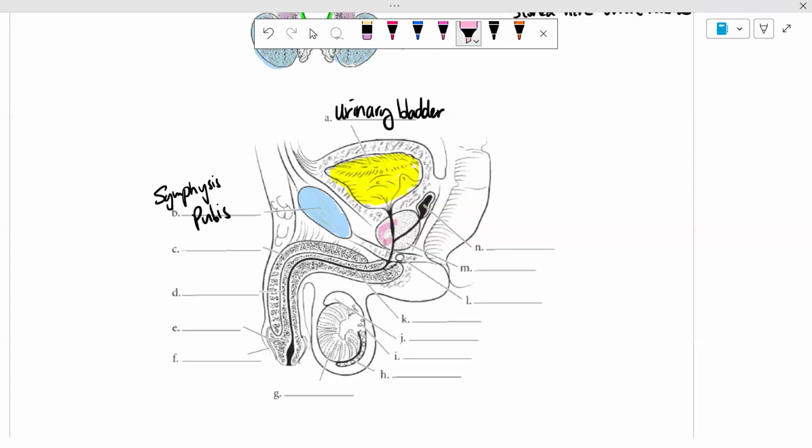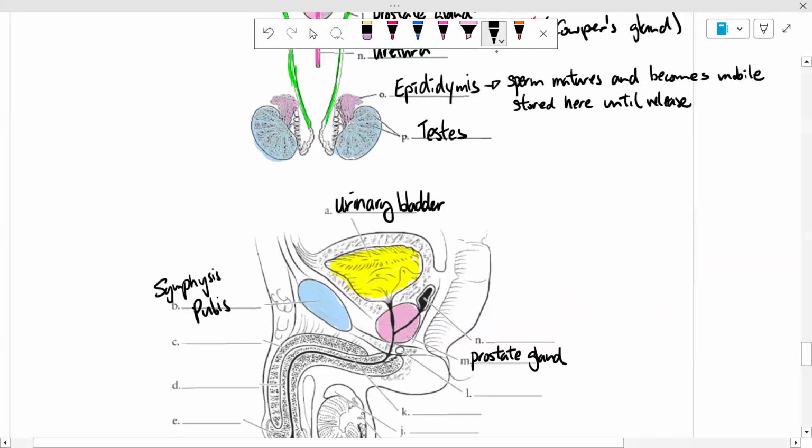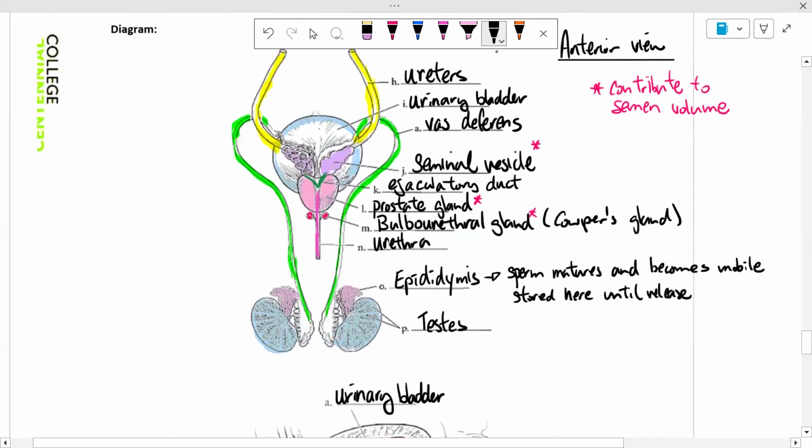And over here, that is the prostate gland. Okay, just compare to the higher picture.